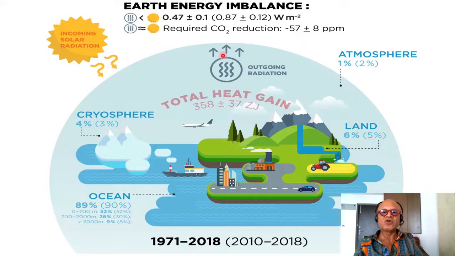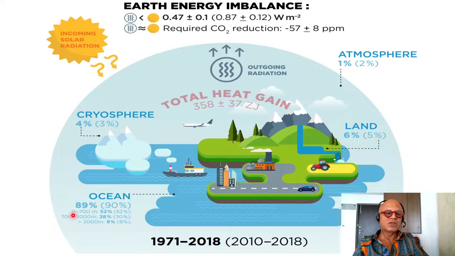Okay, so here is outgoing longwave. Total heat gain is 358 plus or minus 37 zettajoules. I think zetta is 10 to the 21. Please check. Atmosphere has stored 1% since 1971 and 2% since 2010. Land has stored 6% of the heat since 1971, and actually has cooled because land use change, urbanization, deforestation actually increase the albedo, and more energy can be lost.